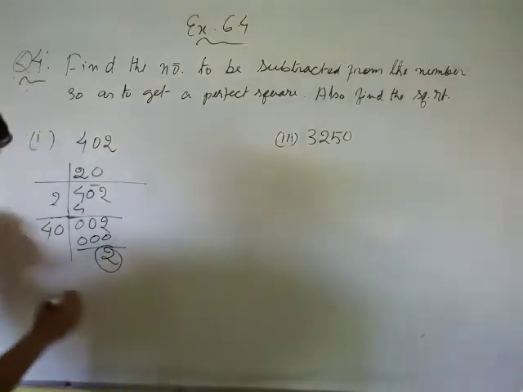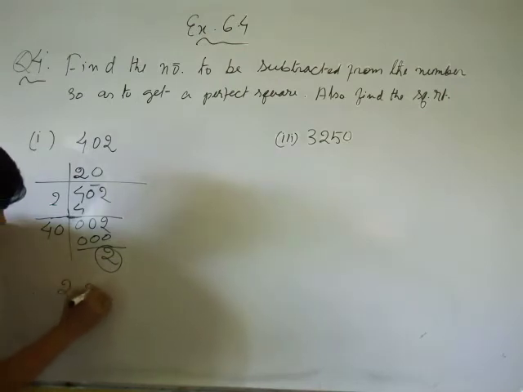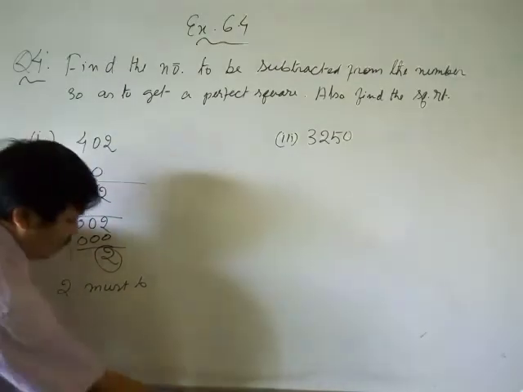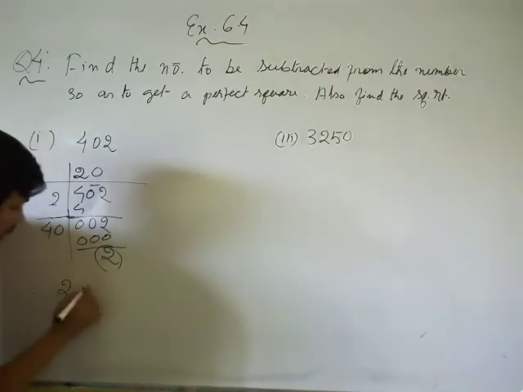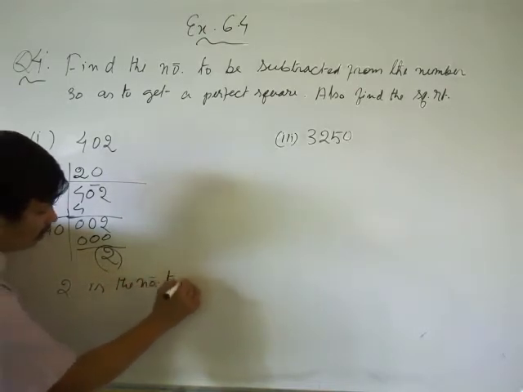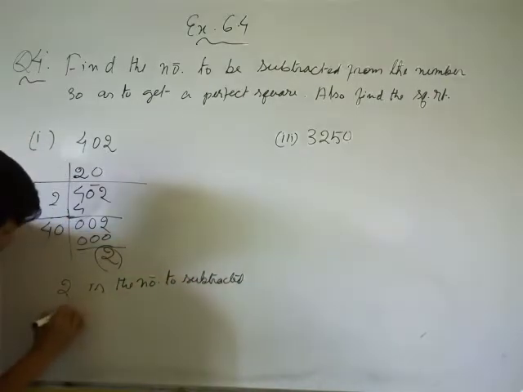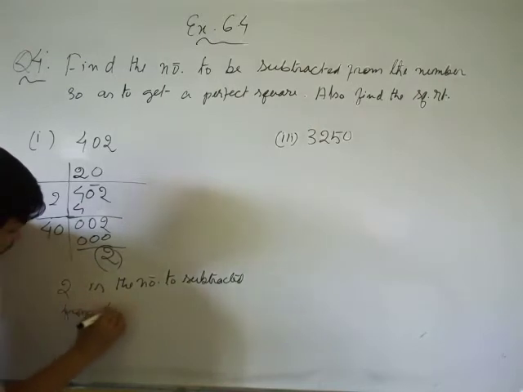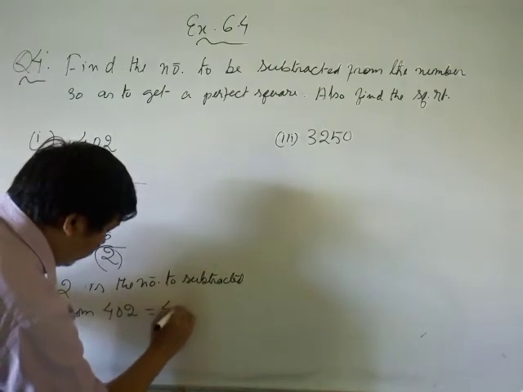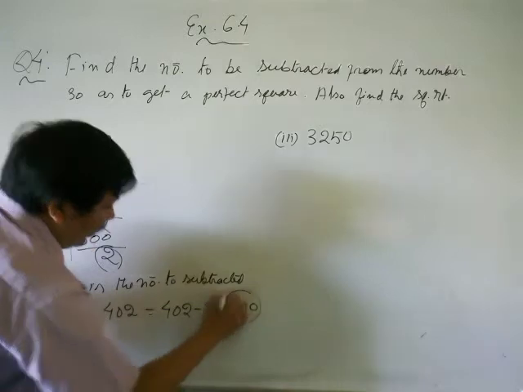Therefore, 2 is the number to subtract from 402. That is 402 minus 2, and we get the number 400.